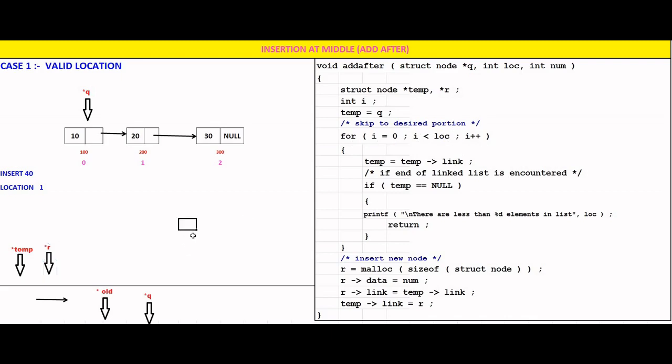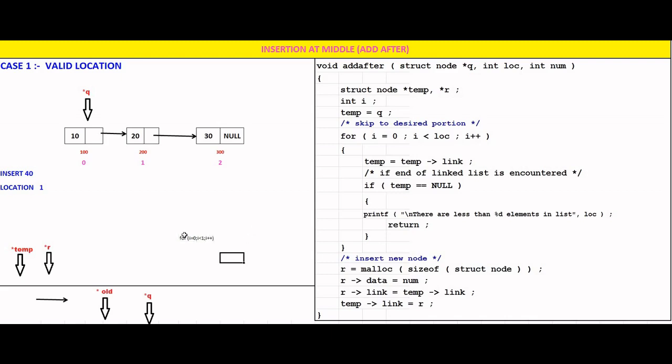So see, what is the for loop? For i is equal to 0, i less than location. What is our location? Location is 1, i plus plus.